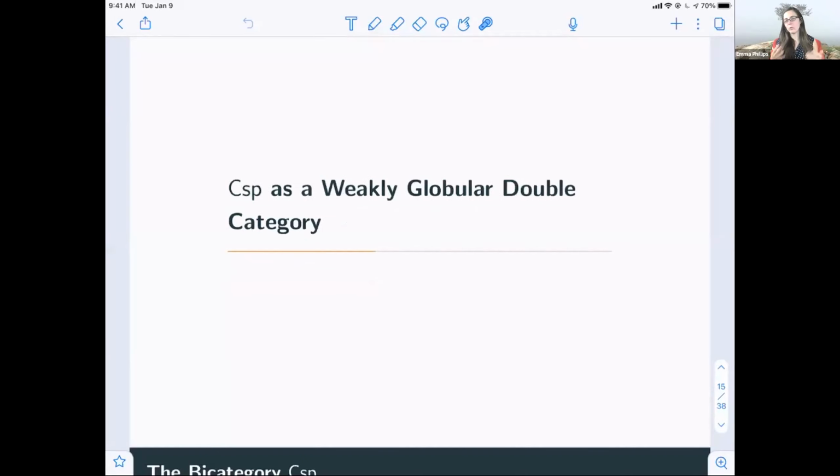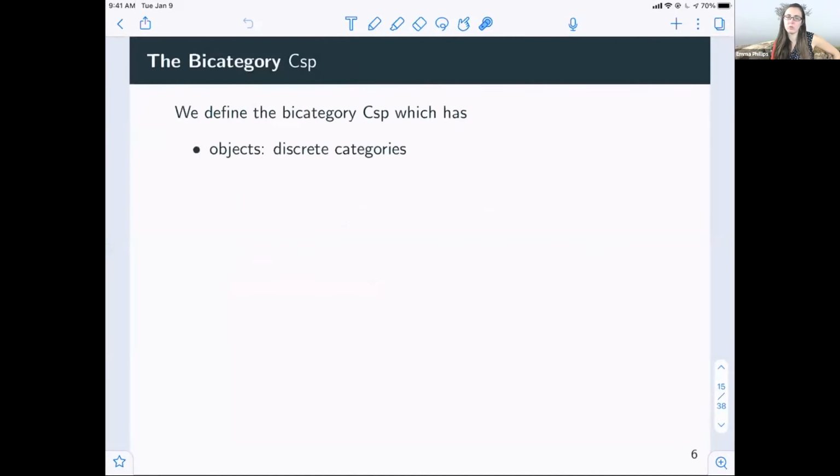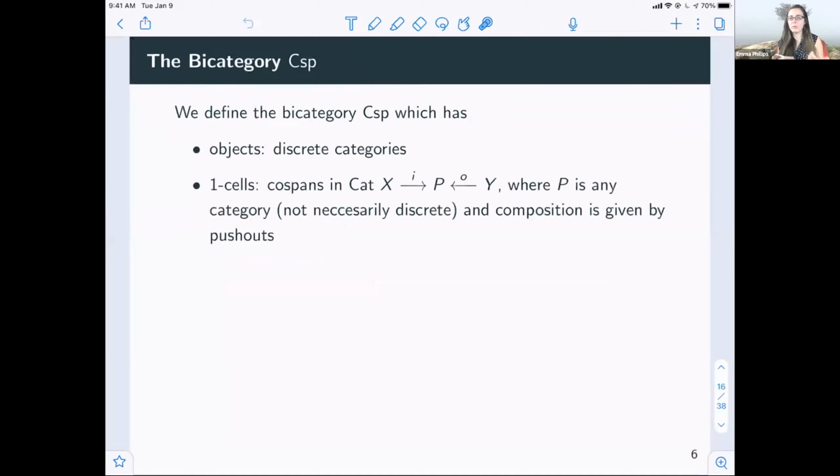So we start with a toy example rather than going straight to structured cospans. We look at the bicategory Cospan, which has objects discrete categories, one cells that are cospans in Cat, where P is any category, not necessarily discrete, and our composition is given by pushouts. And two cells are these commuting diagrams.